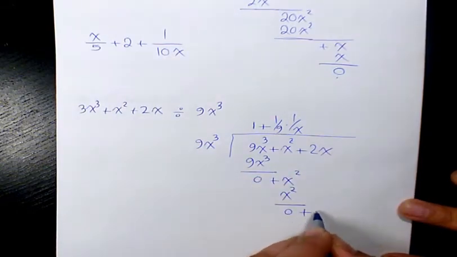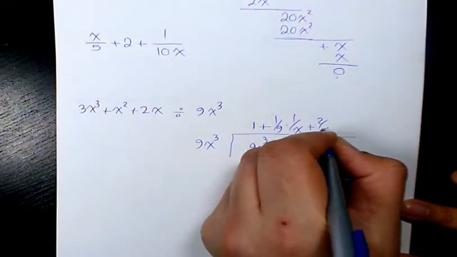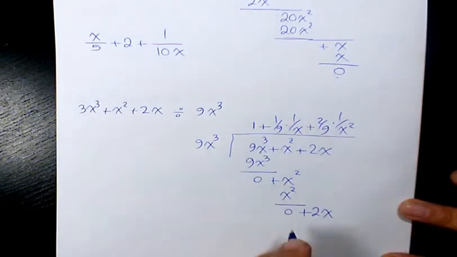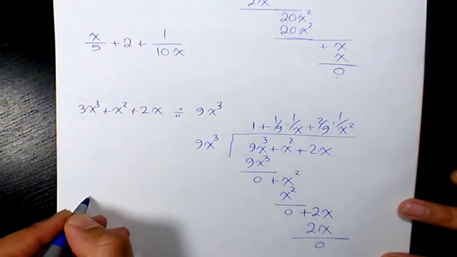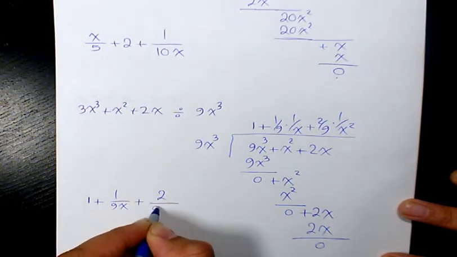Then you bring this one down, 2x. 2x divided by 9x squared is going to be 2 over 9, 1 over x squared. When you multiply it, it's going to be 2x. When subtracted, it's going to be 0. So the answer is going to be 1 plus 1 over 9x plus 2 over 9x squared.